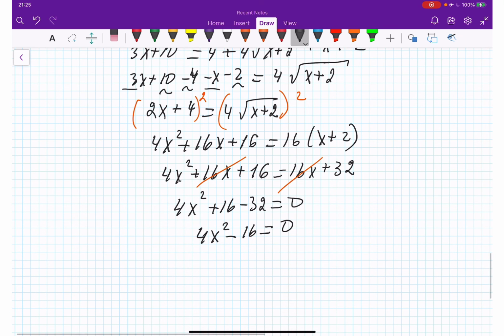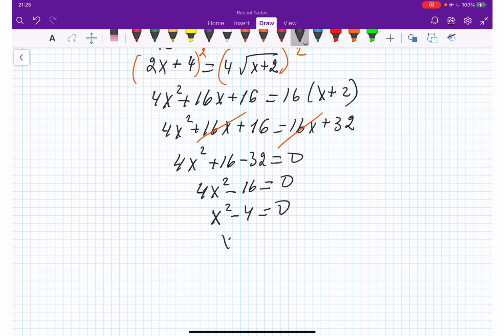I'm going to divide by 4, reduce 4 times. It's going to be x squared minus 4 equals 0. And x squared equal positive 4, and x is equal plus minus 2.